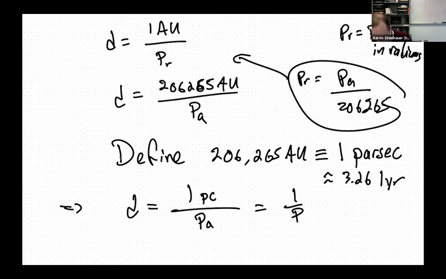Okay, what is the closest star to the Earth? Obviously, the closest star to the Earth is the sun. The next closest star, though, is a star called Proxima Centauri.